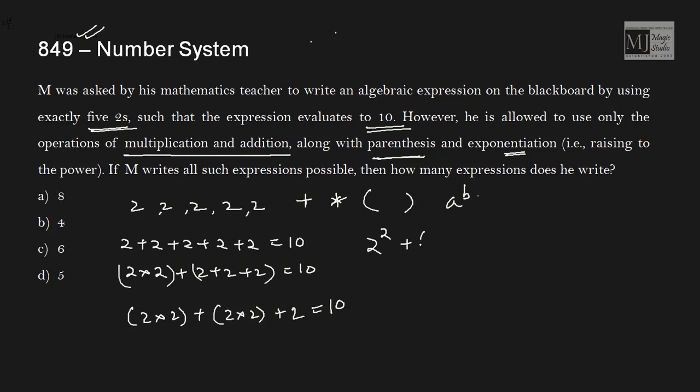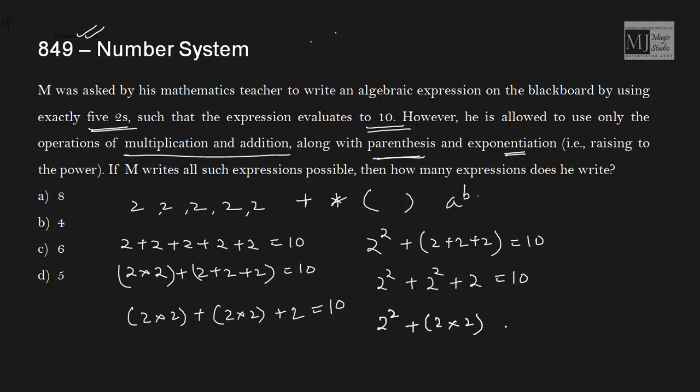So this is 2 to the power 2 plus 2 plus 2 plus 2, that will give us 10. Similarly here also I can have one more expression. This will also give me 10. One more, we can arrange this one as 2 square plus 2 into 2 plus 2, which is also equal to 10. So I think we will have 1, 2, 3, 4, 5, 6. In 6 ways we can form expressions with value 10.